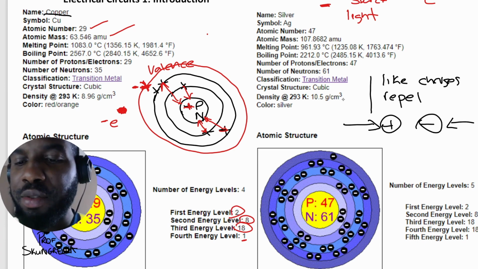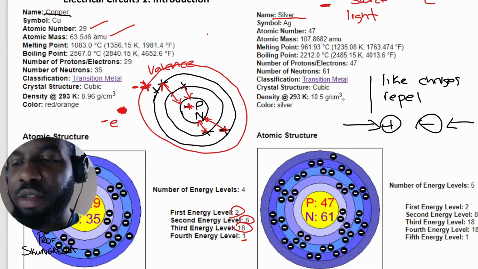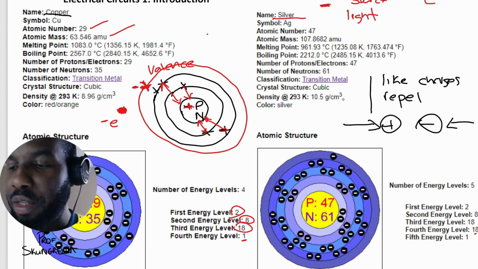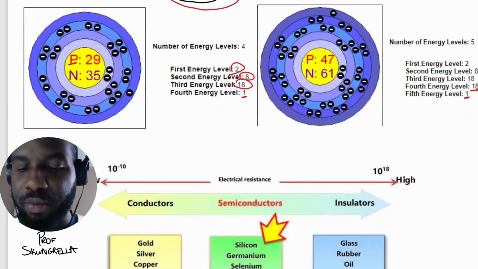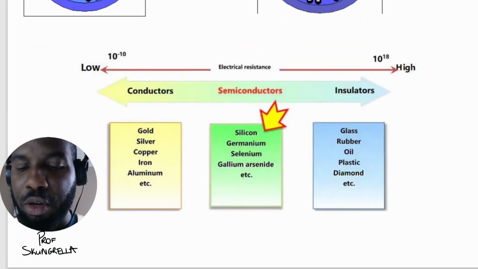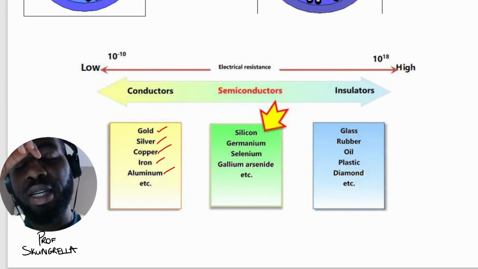On this side here, we have silver, and silver is a very good conductor as well. And if you notice the way the electrons are structured, we have 1 electron in the valence shell for silver as well. In here, we have some examples of some conductors. Of course, you see gold, silver, copper, iron, aluminum are very good conductors.